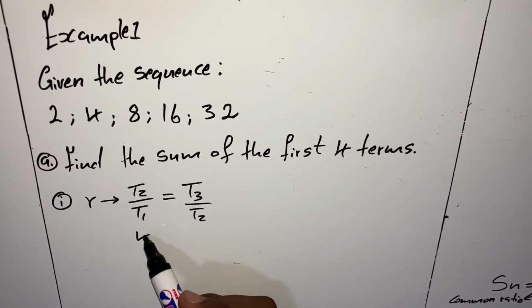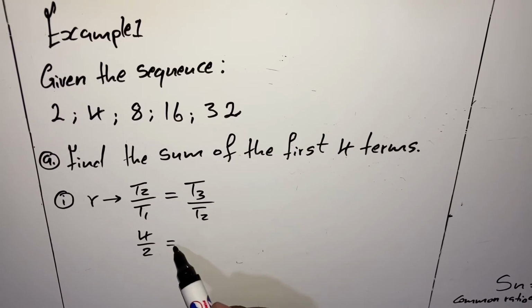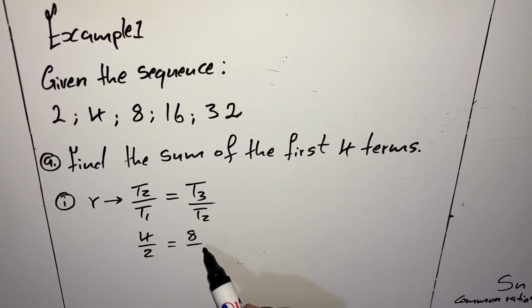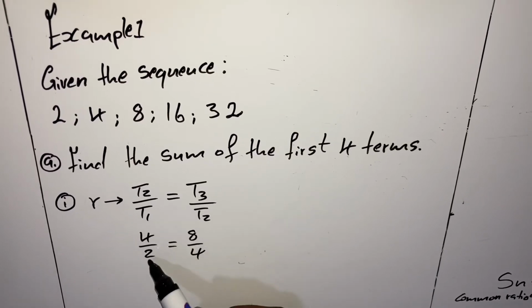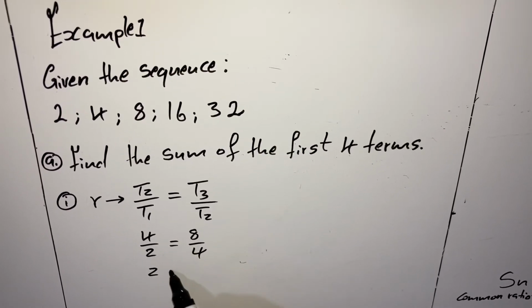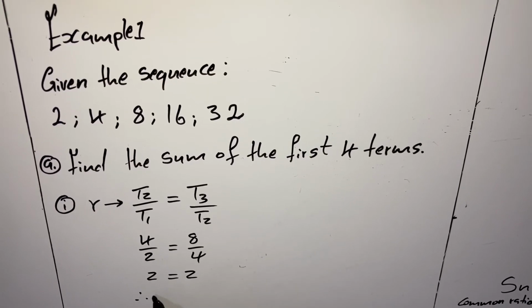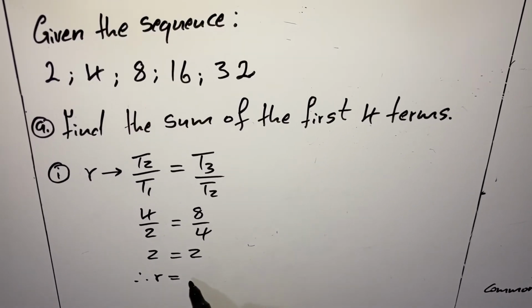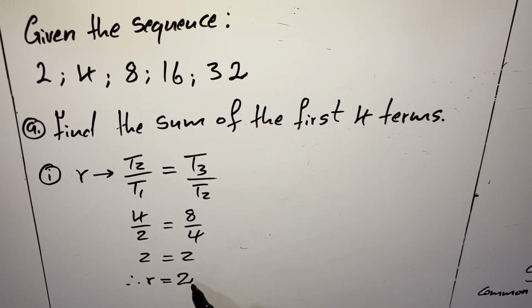Our T2 is 4, our T1 is 2, our T3 is 8, our T2 is 4. 4 divided by 2, we get 2. 8 divided by 4, we get 2. Therefore, our ratio for this sum in particular is 2.